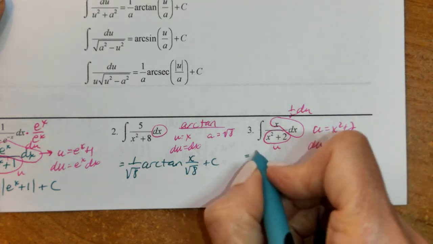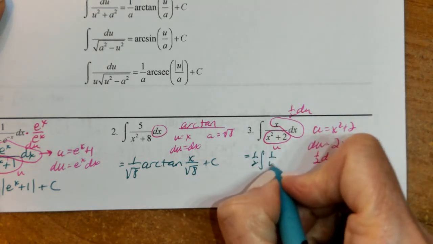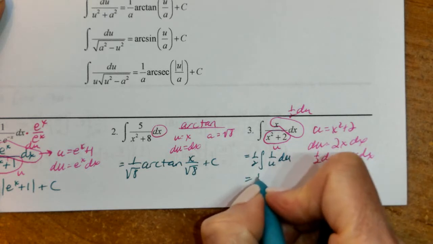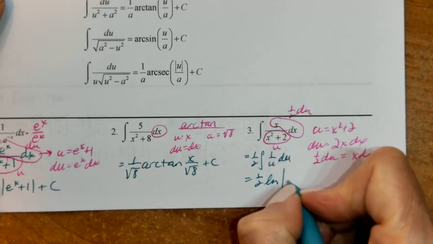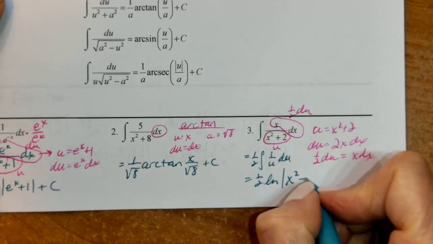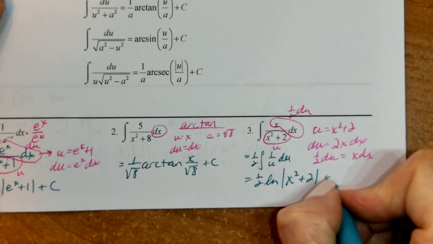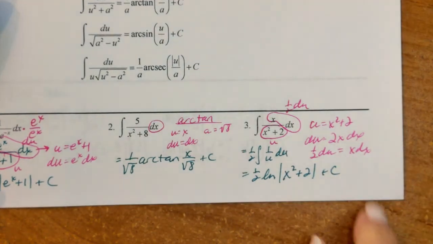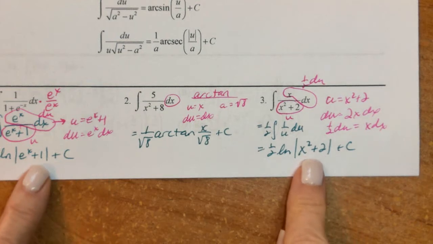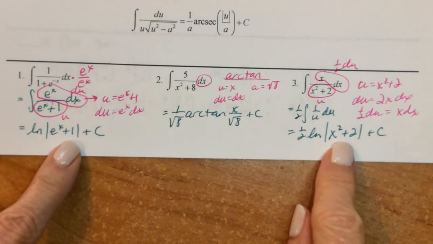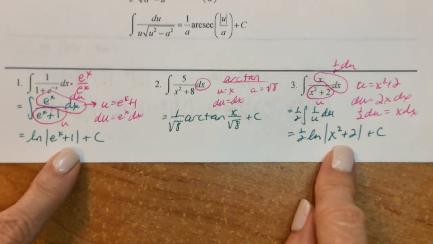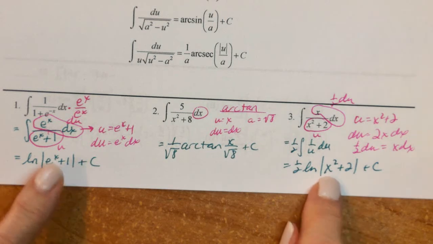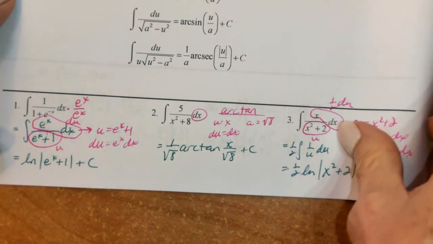So we'll have 1/2 integral of 1 over u du, which is 1/2 natural log absolute value of u, where u is x squared plus 2, plus c. As a multiple choice answer for both of these answers, 1 and 3, they would not have absolute values there. They would have parentheses because that argument can never be negative. But we don't need to worry about that.